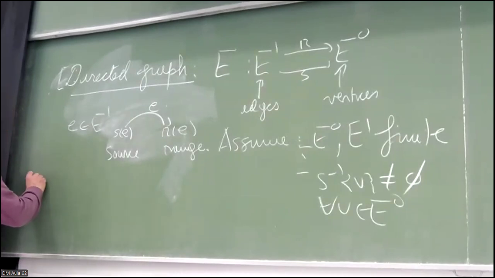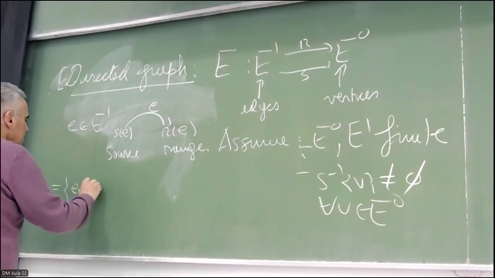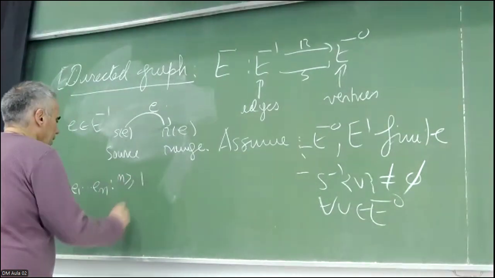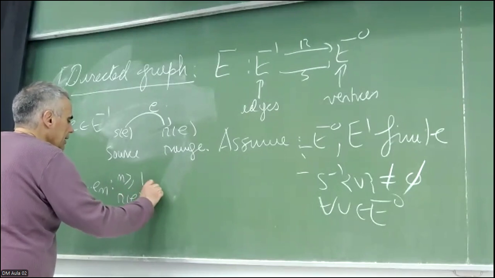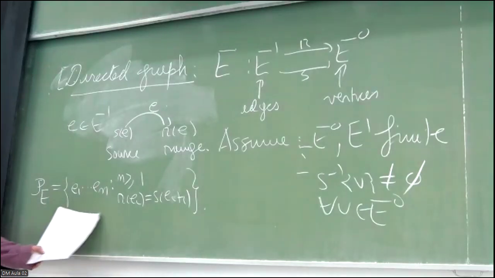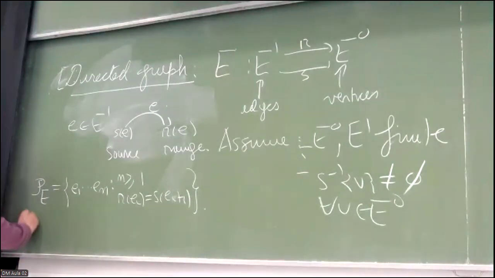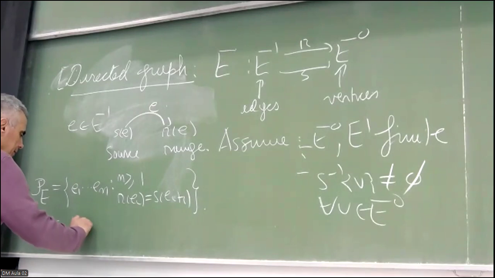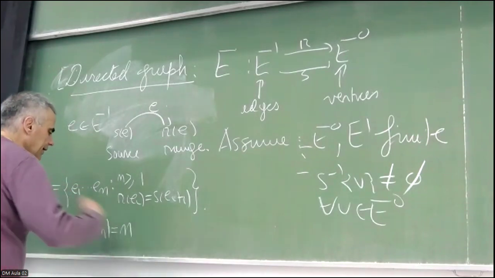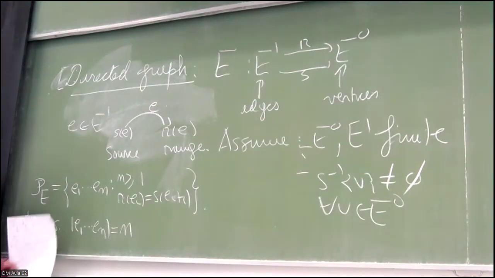I write PE for the sequences e_1, ..., e_n, with n greater than or equal to 1, and so that r(e_i) is s(e_{i+1}). These are the paths. P is for paths. And a path that involves n edges is a path of length n, which we denote like the modulus bars.